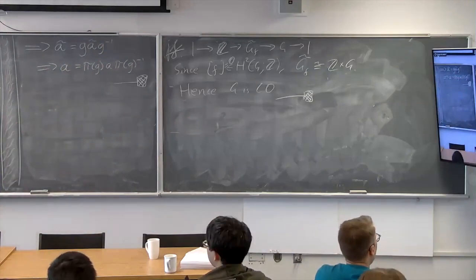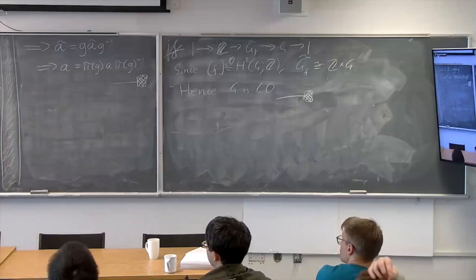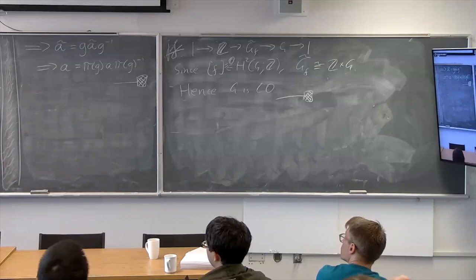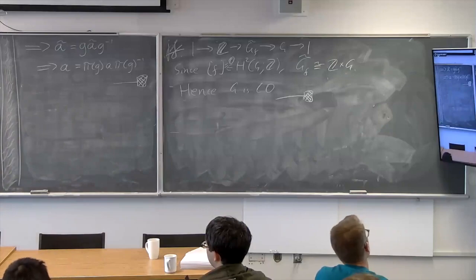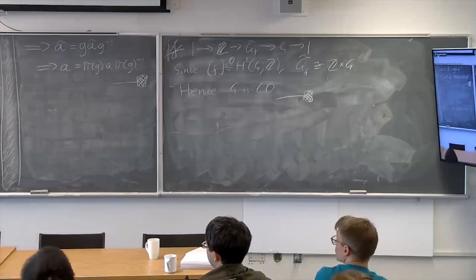Wait, why do we know that the elements are in iota of Z? You just know that the powers are in. Yeah, because we know that A to the N is equal to the identity. So that's saying that pi of A tilde to the N is the identity. So you've got something here which maps to the identity here, so it has to be in the inclusion. The Z that we're in is F tilde, and F tilde is normal.